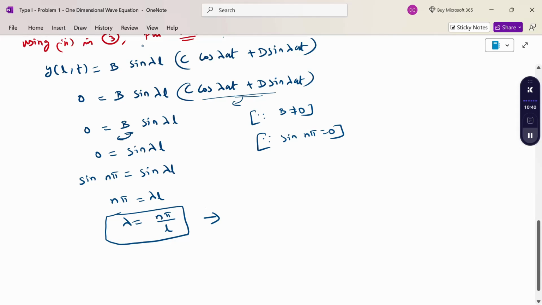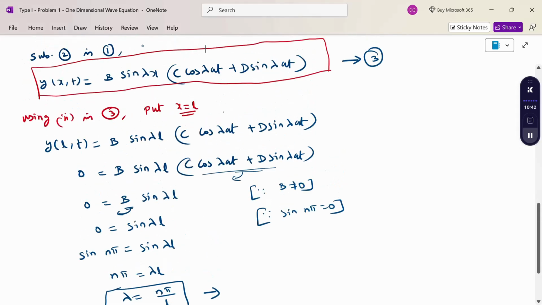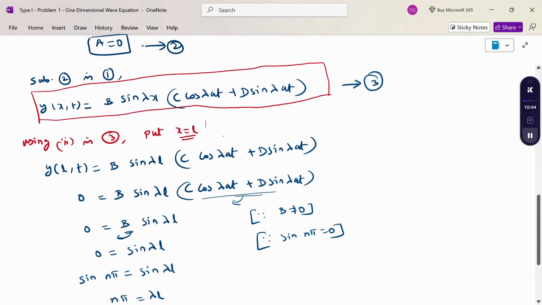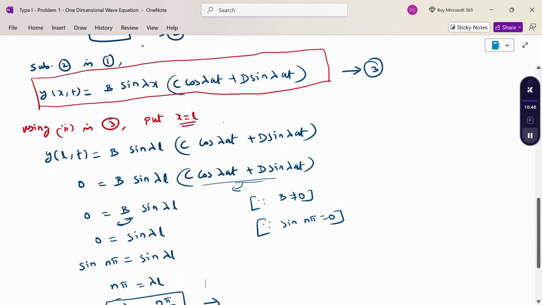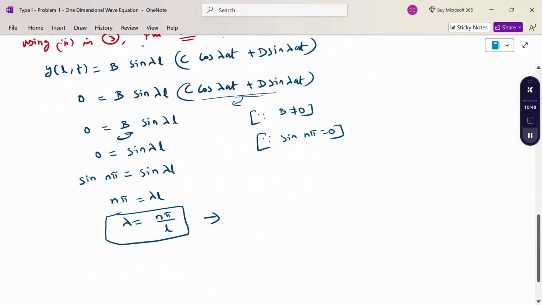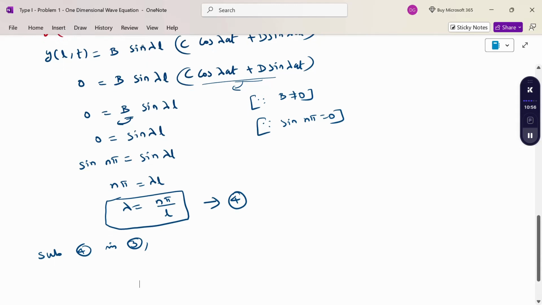Now you consider this equation 4. Substitute equation 4 in the previous equation 3. So what is the fourth?